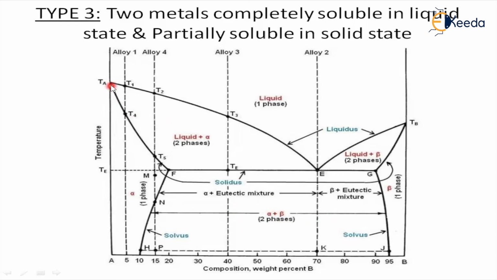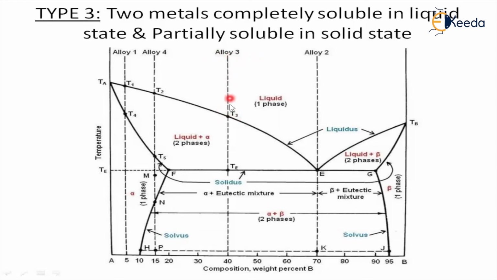Now let me discuss the various lines existing here. This line starts at TA, and it goes like this, TA, E, and TB. So this line is the liquidus line. Liquidus line means about to start of the solid crystal. So after this point in any alloy, suppose for alloy 3 at a T3 temperature, the solid crystals are started.